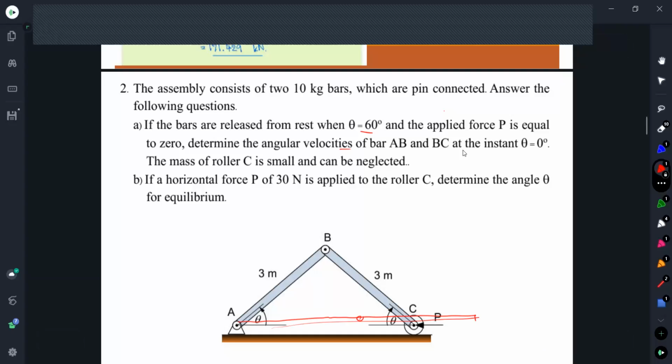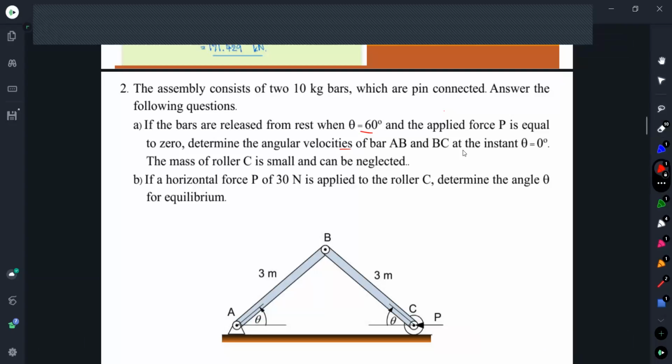The second one is, if horizontal force P is equal to 30 Newton, and this is applied to the roller C, we would like to determine angle theta for equilibrium.